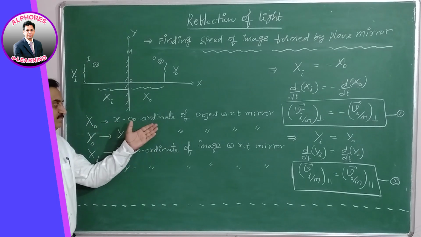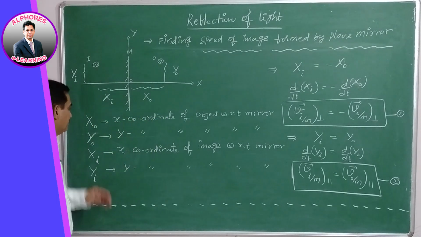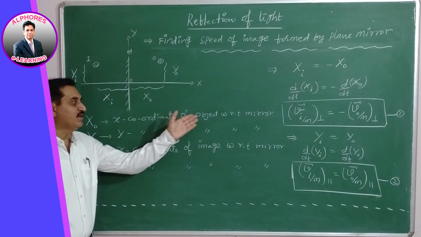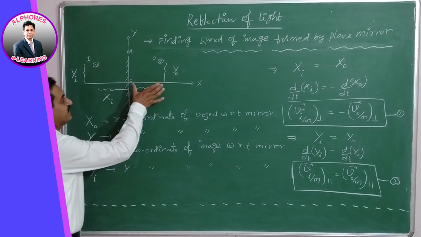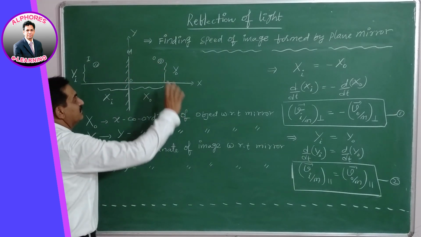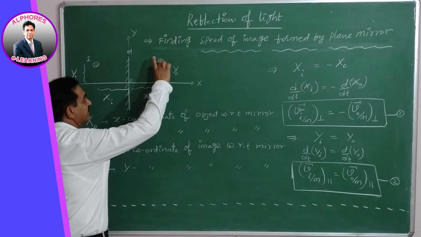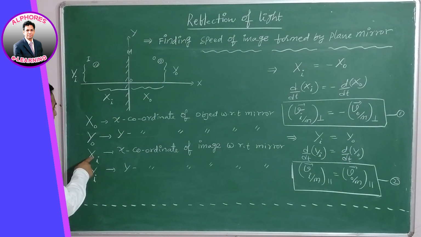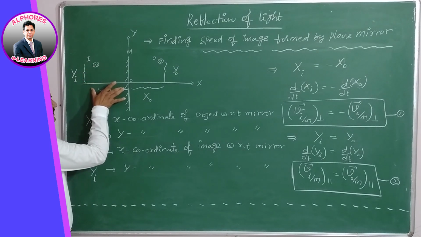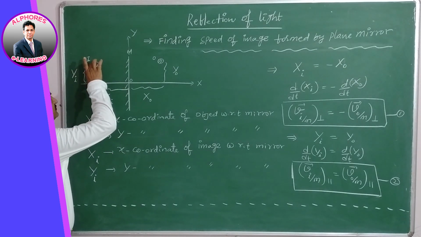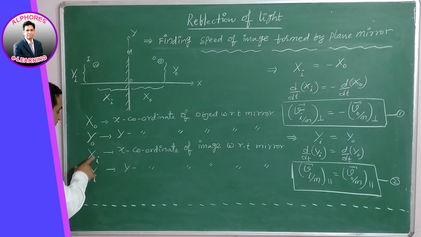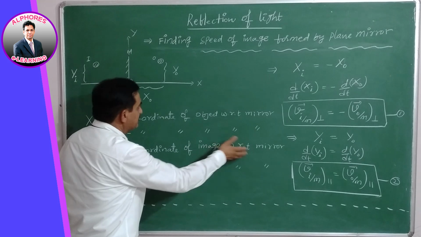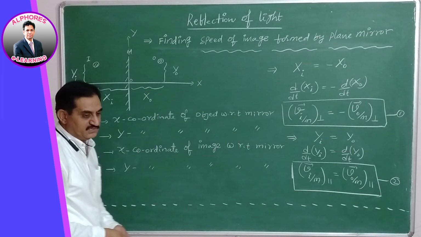The x coordinate of the object with respect to the mirror is x0, and y0 is the y coordinate of the object. Similarly, this is xi and this is yi. So xi and yi are the x and y coordinates of the image with respect to the mirror.